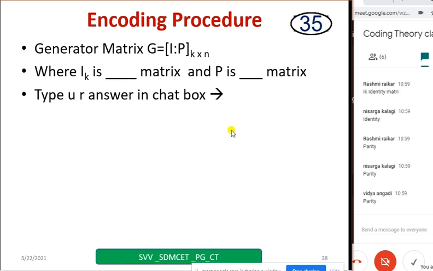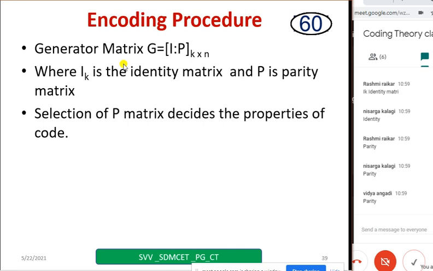Let me go to the next. The same thing I am telling you. If you want, you can note down 1 point. If you are already remembering, I will wait for 10 seconds, then I can go to the next. I is an identity matrix and P is a parity matrix, and the selection of the P matrix decides the properties of the code. So this is about G, the identity matrix followed by the parity matrix.